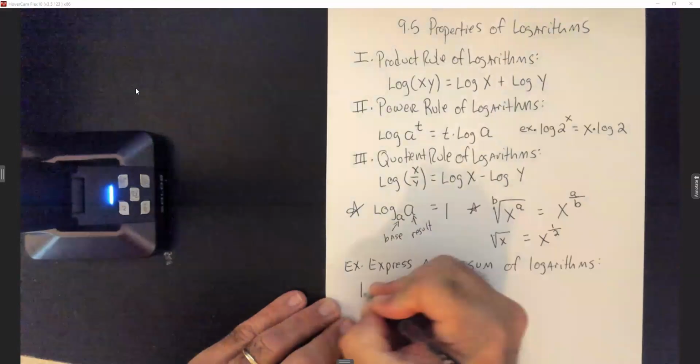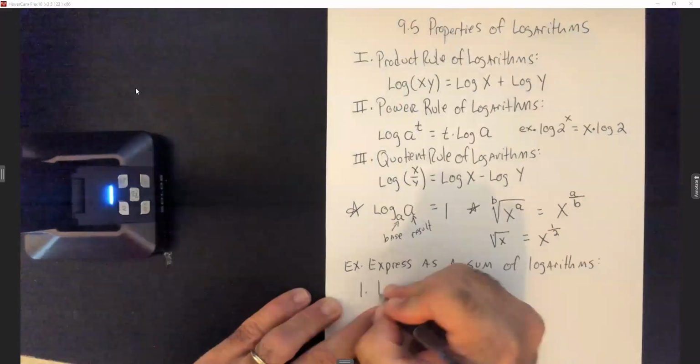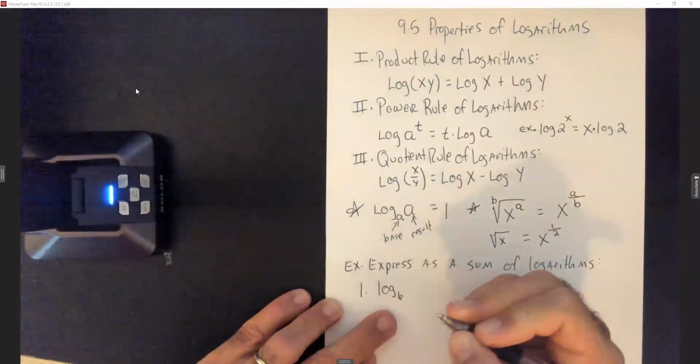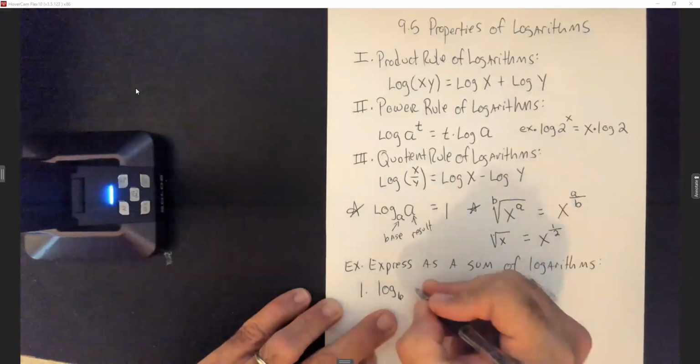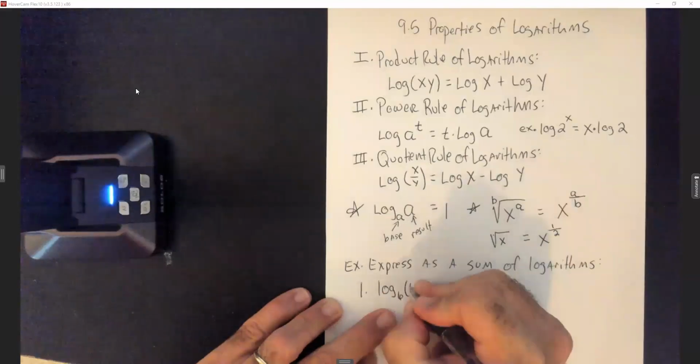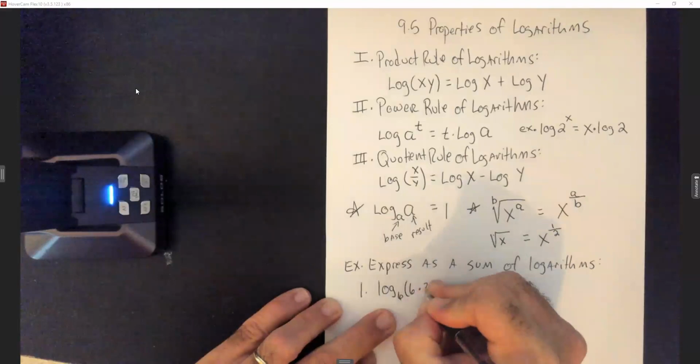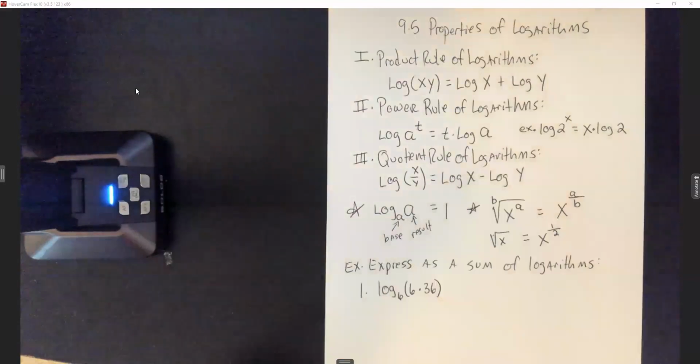So let's see what they're giving us. They're giving us log base 6, and then in parentheses got 6 times 36. Now, they don't want me to simplify these. They just want me to rewrite it as a sum.